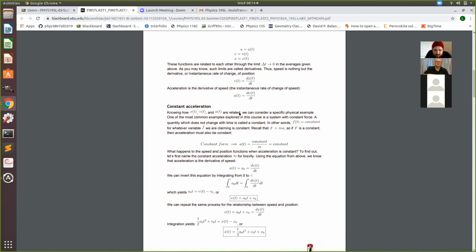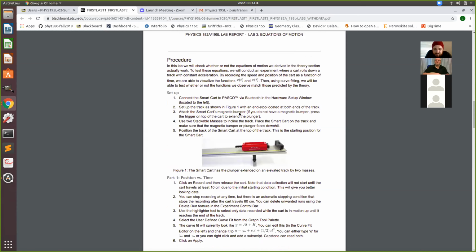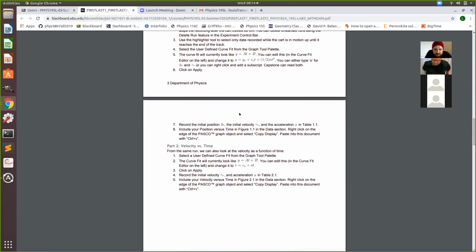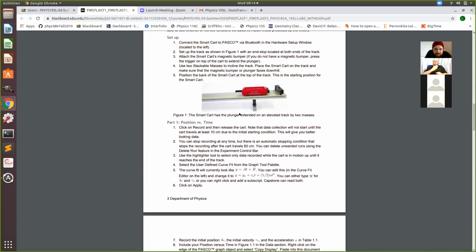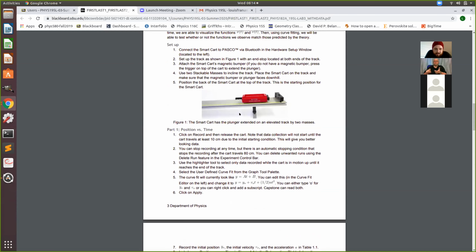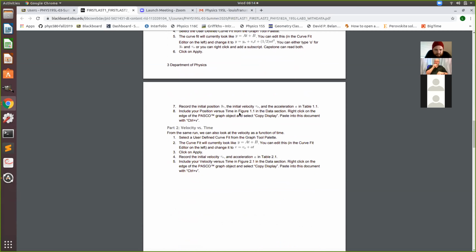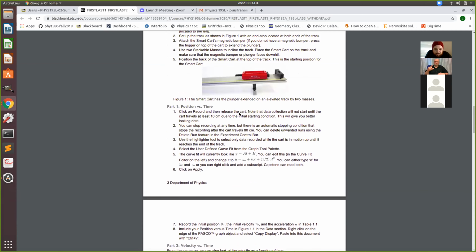A little theory. I'm going to switch over to my notes and give you a little background. This whole procedure setup isn't really important because we're not really setting anything up. Basically, we're setting up a cart on a track, and the track is at an angle, with a stand under one side keeping a constant angle.